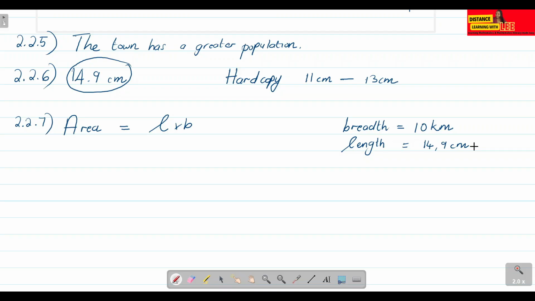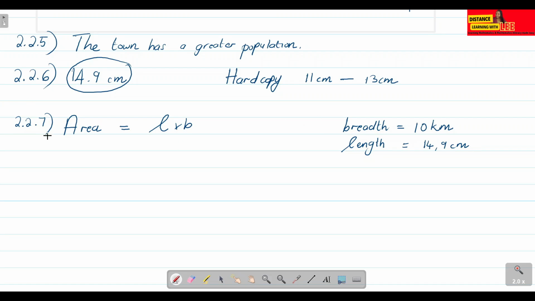We need to first convert this length of 14.9 centimeters, using the conversions that were given to us, into kilometers, and from there we will be able to just multiply by the 10 kilometers.